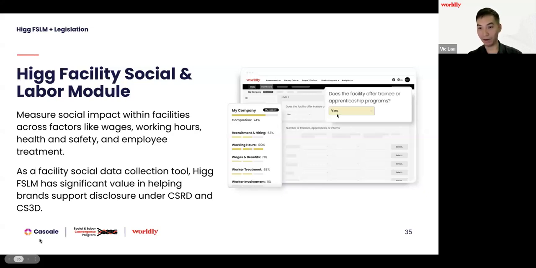Our partner Cascale has developed the scoring methodology for FSLM. With that, the user can see the FSLM assessment score result on the Higg platform. It not only helps improve the social and labor conditions for supply chain workers, but also supports the user to track progress year over year and reduce audit fatigue for facilities around the world.